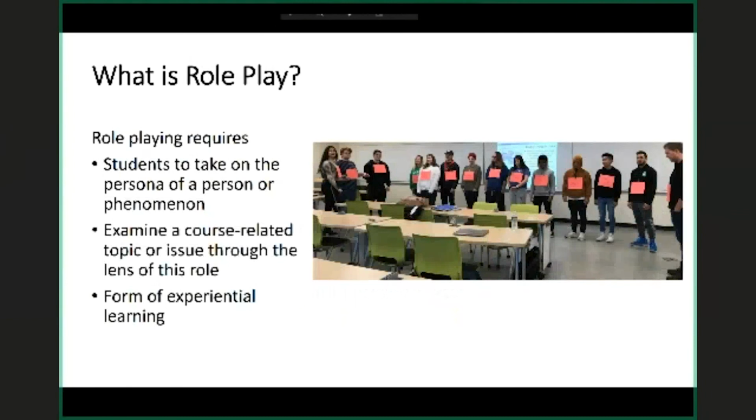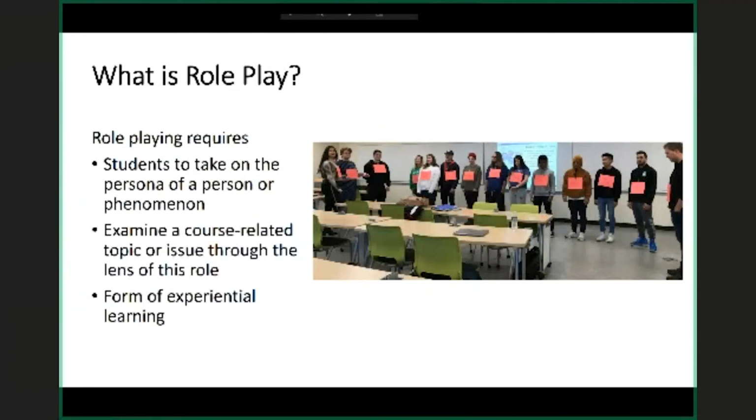So just a little bit on what role play is and in what context we are using it today. When we talk about role play, we're talking about students taking on the role of a particular person. If it was a history class, they would be different people acting something out. In my biology class, they were talking about a phenomenon, a process, so they took on the role of a component in that process.